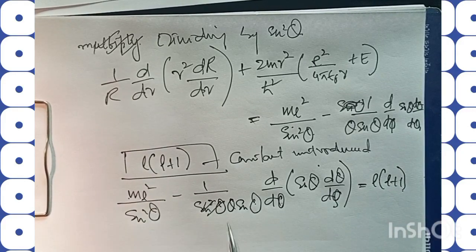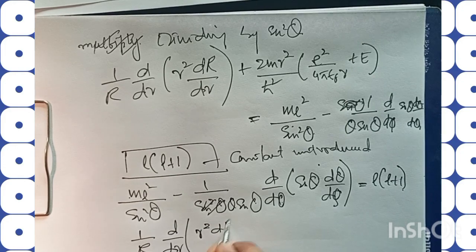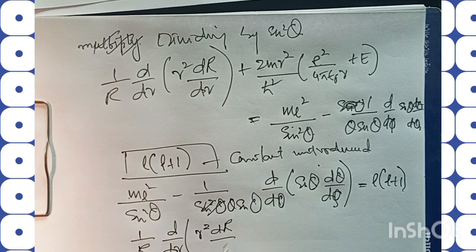Okay, and for the radial part that we have now, what we will have is 1 by r, then d by dr, then r square, then dr by dr. Okay, that's fine.